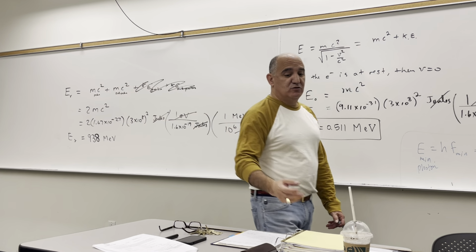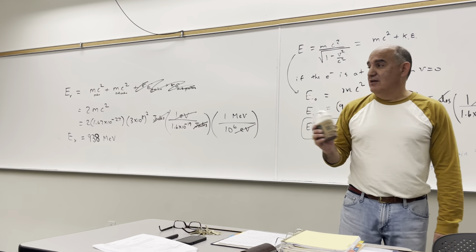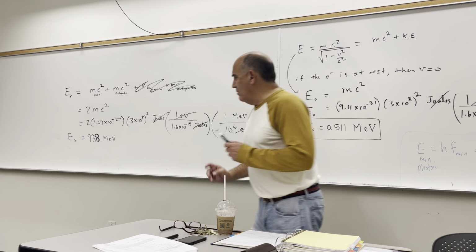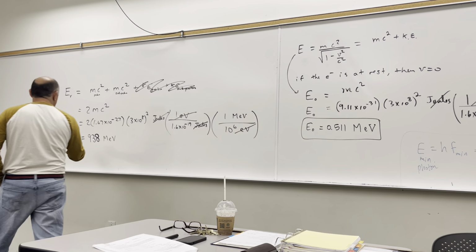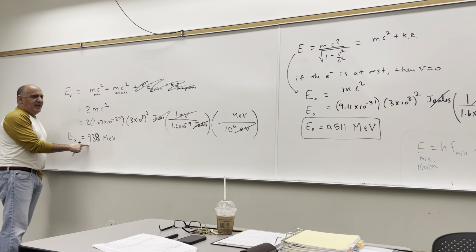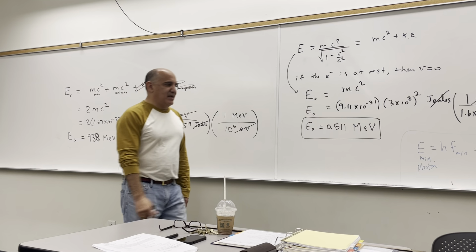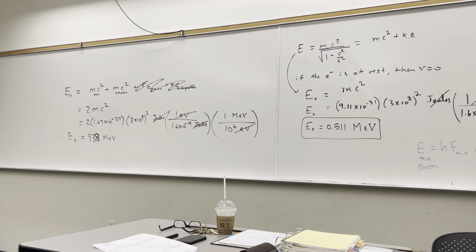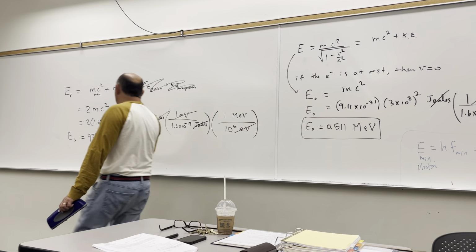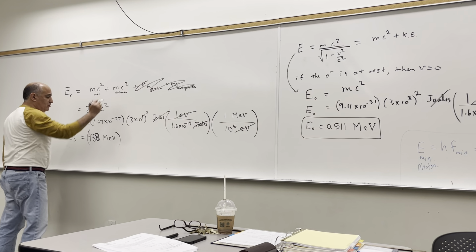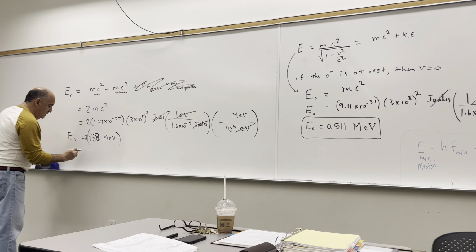Actually, it should be twice that, because that's the energy of one of them. So how much is twice 938? It would be like 1.876, right? Because roughly this is the rest energy of one of the proton or of the antiproton.